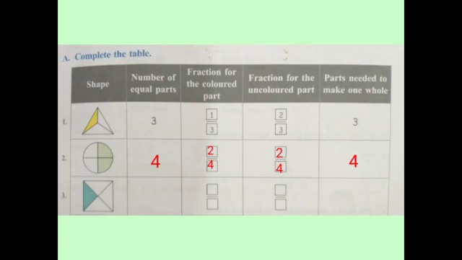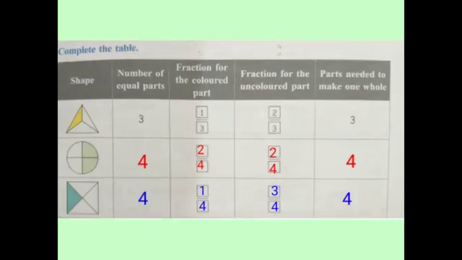Next is a square. Number of equal parts is 4. Fraction for the colored part, one part is colored, so 1 by 4. 3 parts are uncolored, so 3 by 4. And parts needed to make one whole, we need 4 parts to make one whole.